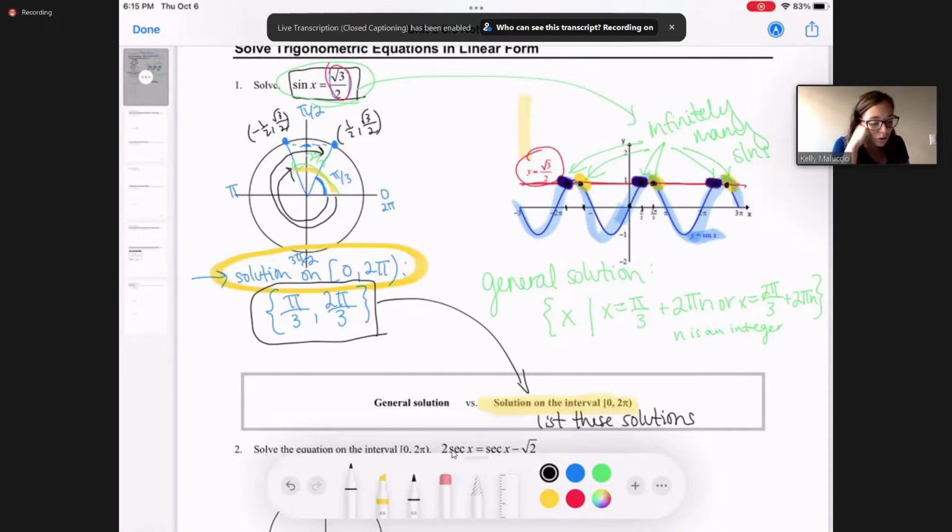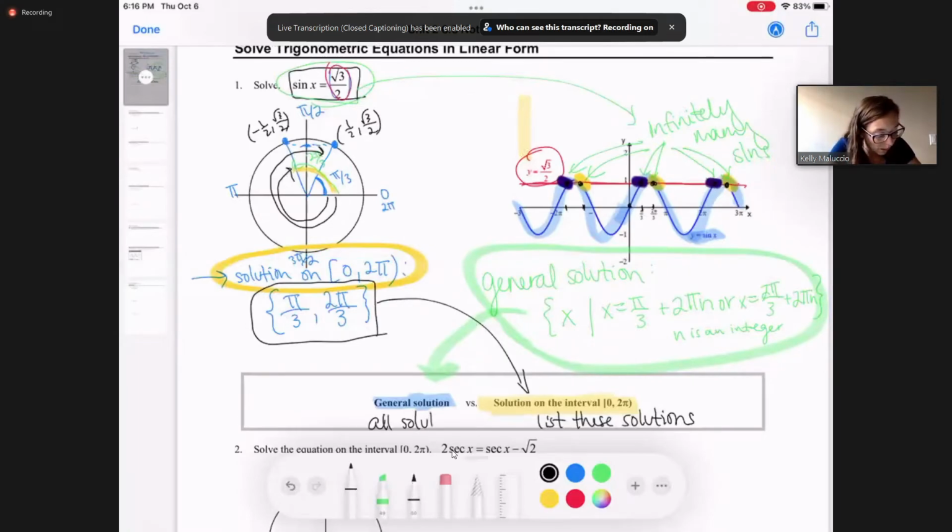Okay, so the solution on the interval 0 to 2 pi, we list these solutions, right? Because it's finite. Maybe it's 1, maybe it's 2, maybe it's 4, who knows. But then we have what we're calling the general solution, and that's what we saw here. Those are all solutions possible, all of them.